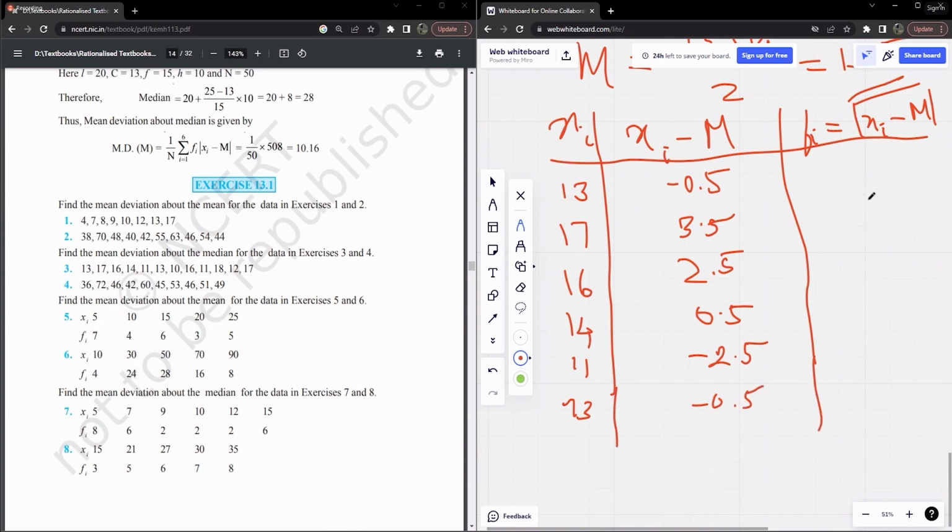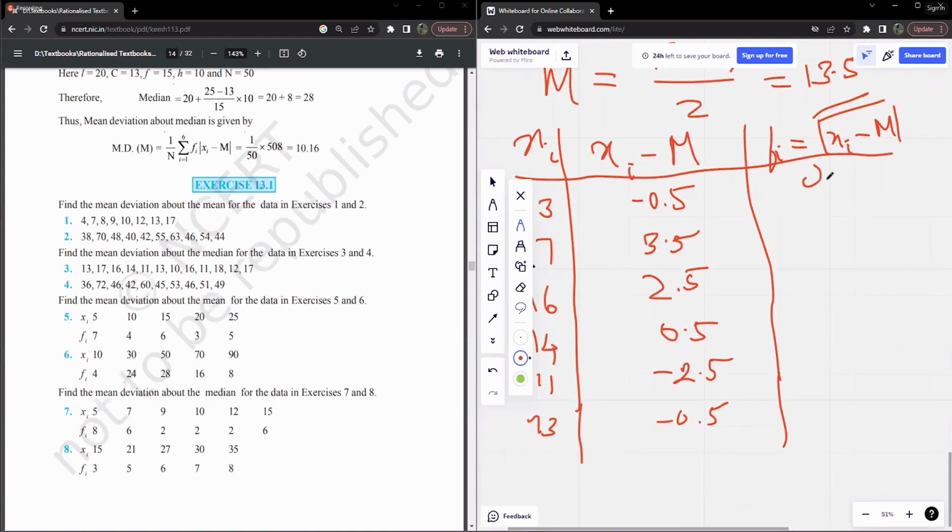On the modulus side, this is going to give me 0.5. This is going to be 3.5. This is going to be 2.5. This is going to be 0.5 again. This is going to be 2.5. This is going to be 0.5.